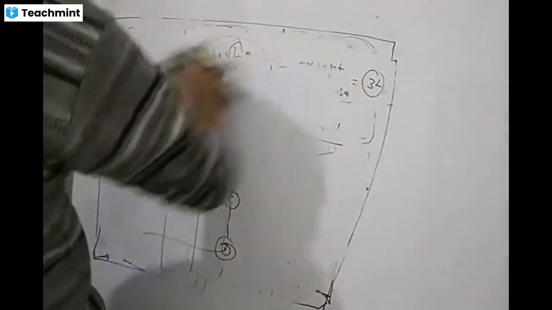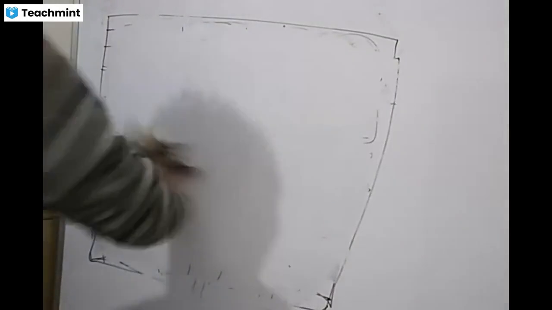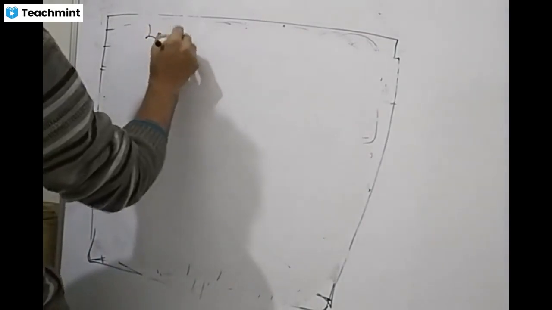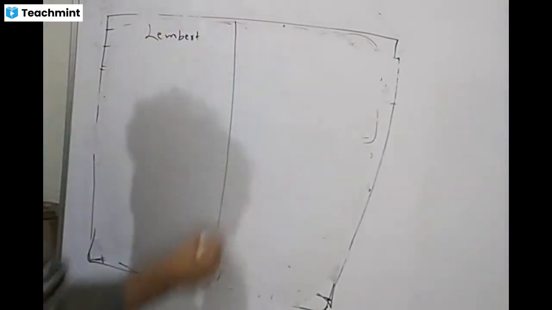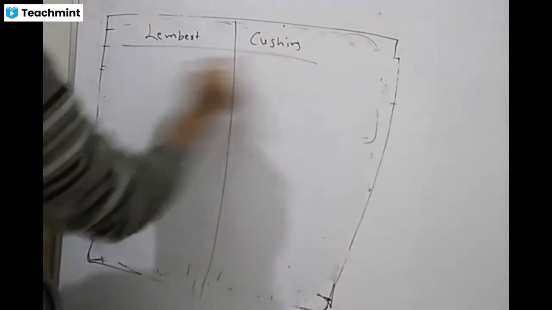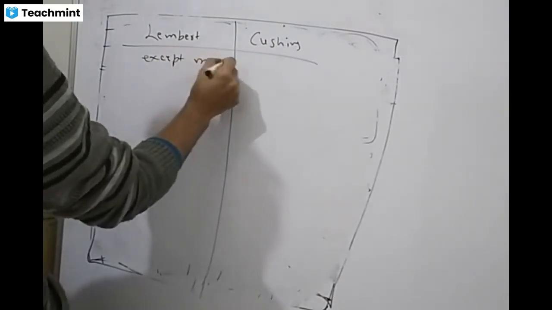So the differences between Lambert and Cushing are very important. Lambert and your Cushing pattern. See, first, both are the same, except mucosa.